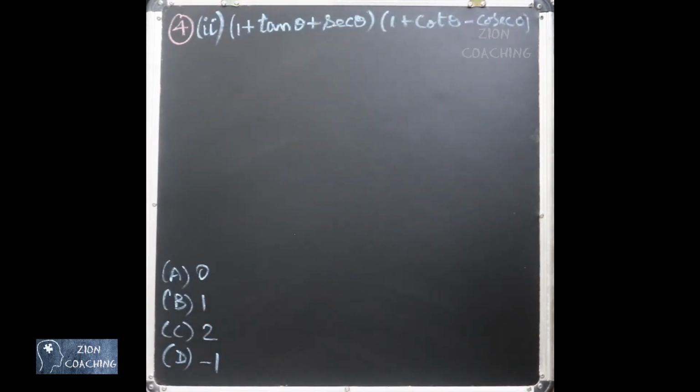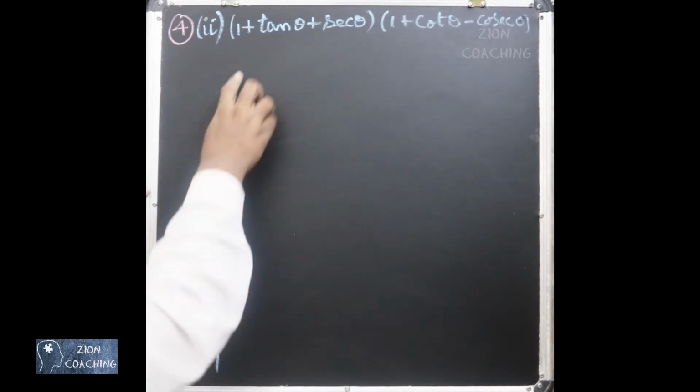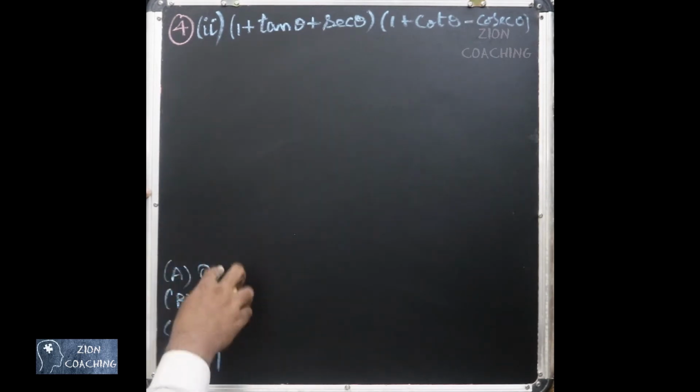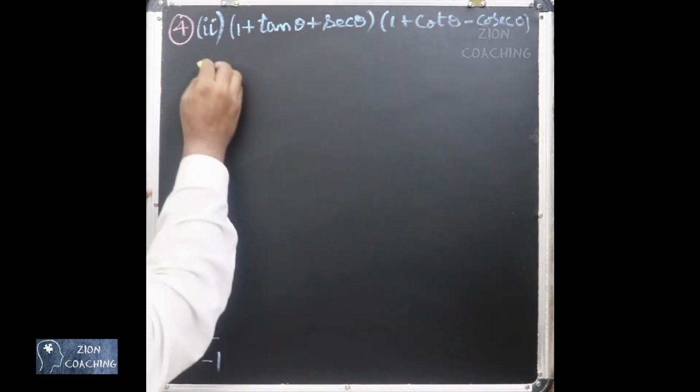Second subdivision, they have given 1 plus tan theta plus secant theta into 1 plus cot theta minus cosecant theta. We have to simplify this and find which of these is the correct answer.